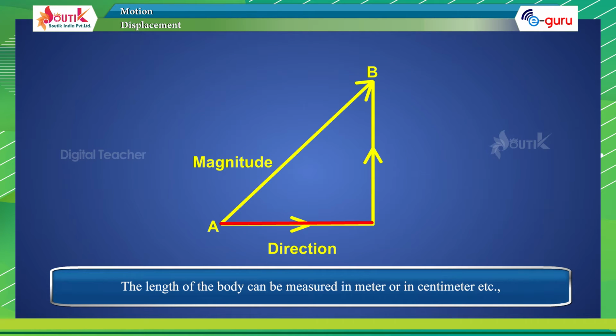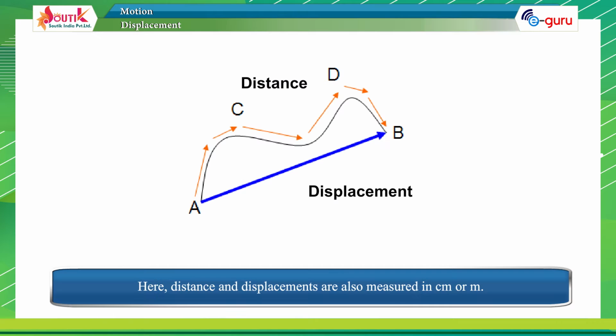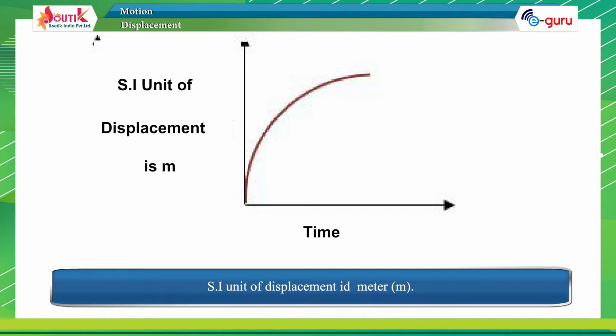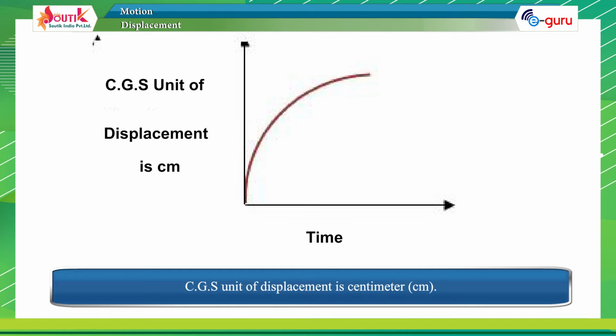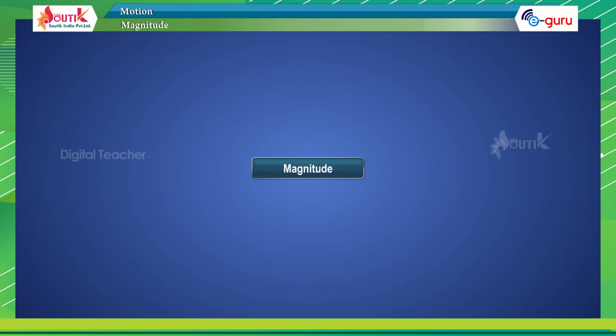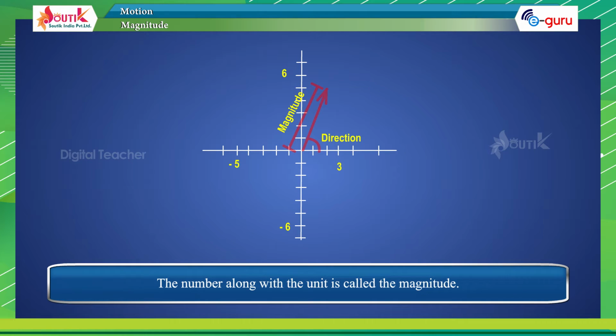The length of a body can be measured in meters or centimeters, etc. Here, distance and displacement are also measured in centimeters or meters. The SI unit of displacement is meter. The CGS unit of displacement is centimeter. Magnitude: the number along with the unit is called the magnitude.